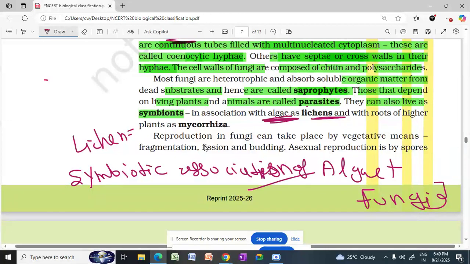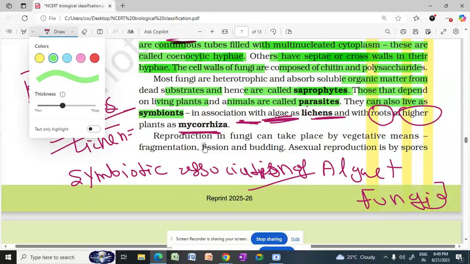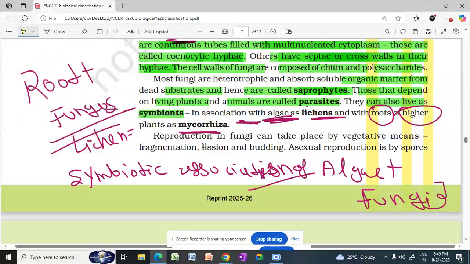So that is the symbiotic association between the algae and fungi. So that is lichen. They can also live as symbionts, for example, in association with algae as lichens or with roots of higher plants. So that is mycorrhiza. So what is mycorrhiza? Root plus fungus association, that is mycorrhiza.